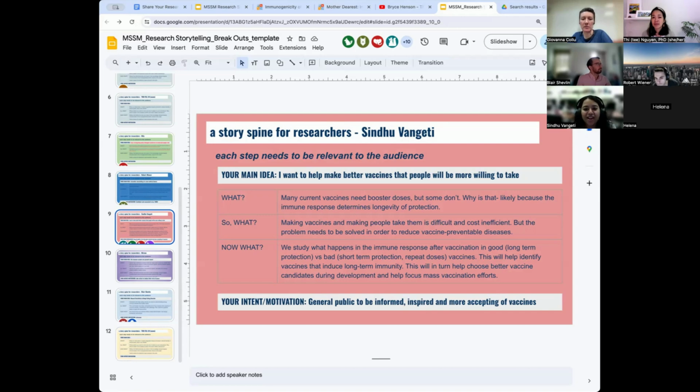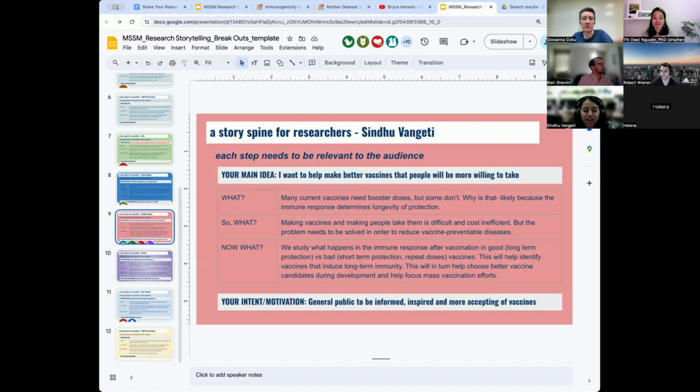Making lots of vaccines is difficult and cost inefficient, and it's very difficult to get people to take vaccines, especially when they have to go take them all the time. We need to solve this problem because our shared goal is to reduce vaccine preventable diseases.